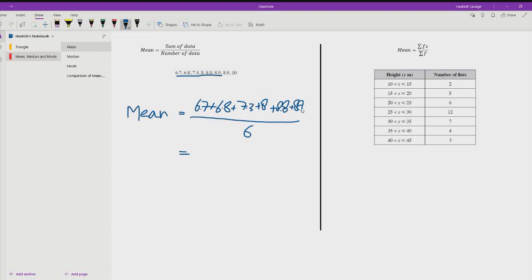So 43 plus 3.5 means 46.5, and we will divide it by 6. Now your answer will come out to be 7.5 something. So this is mean. This is a simple way to calculate mean.